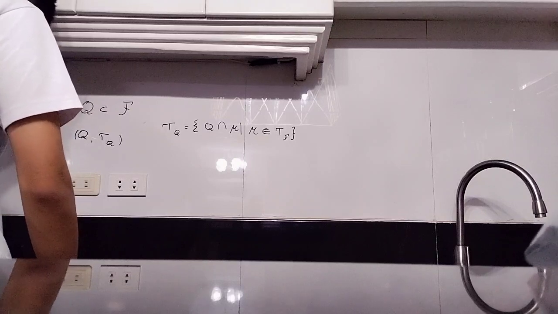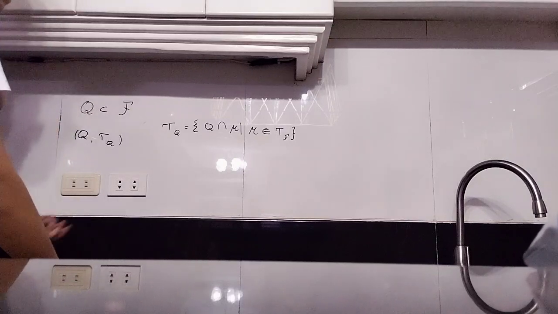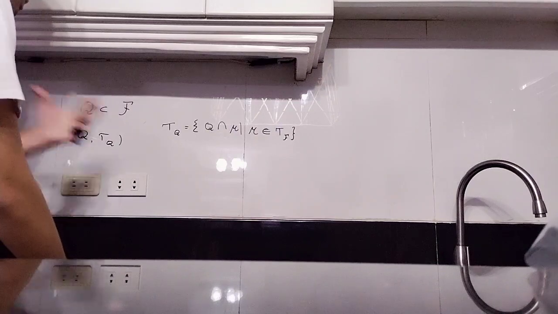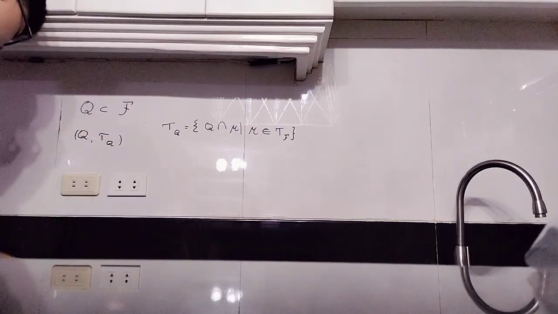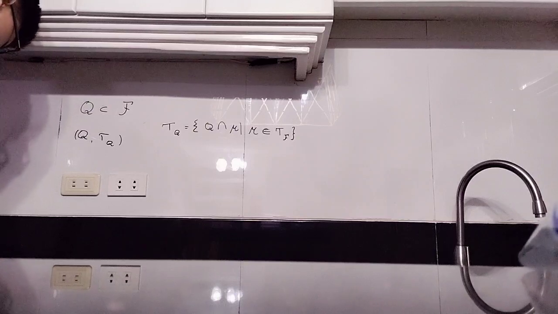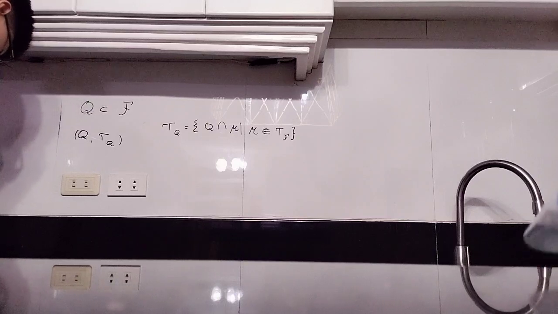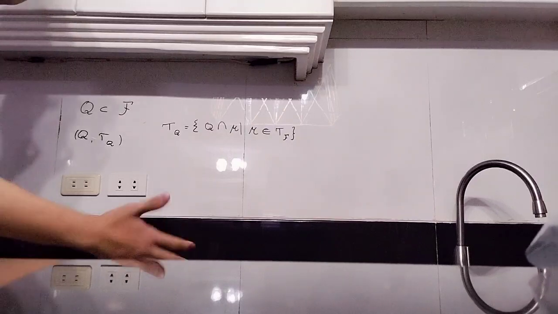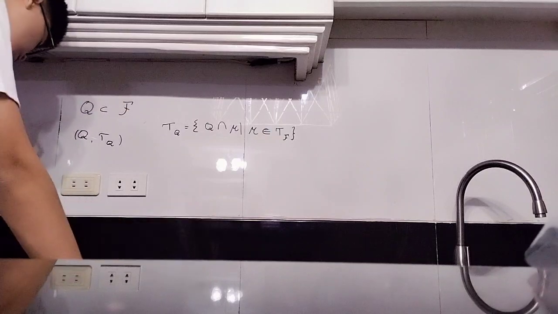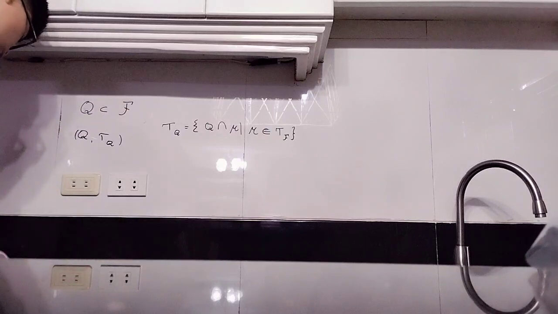Now there are many other topologies. Of course, the metric topology, the lower limit topology. What else? The metric topology is very important when you want to discuss openness, not only openness, but balls and continuity.